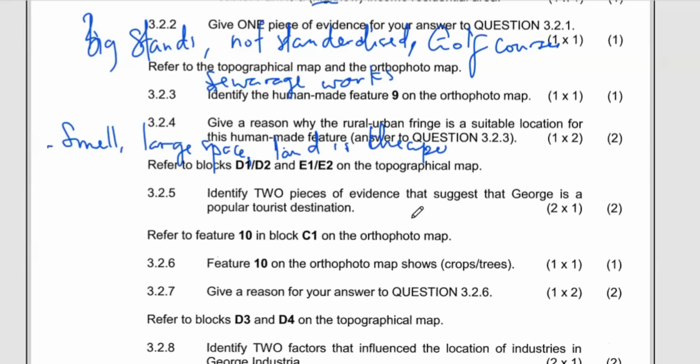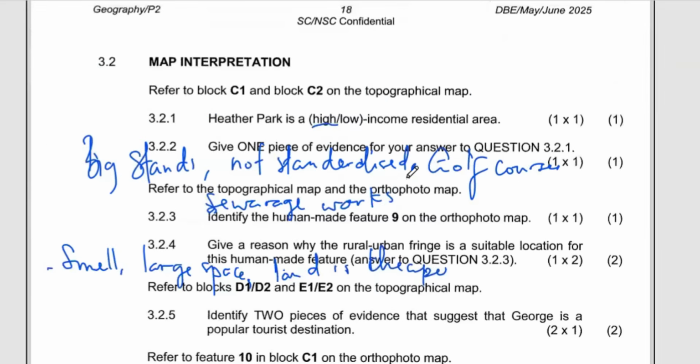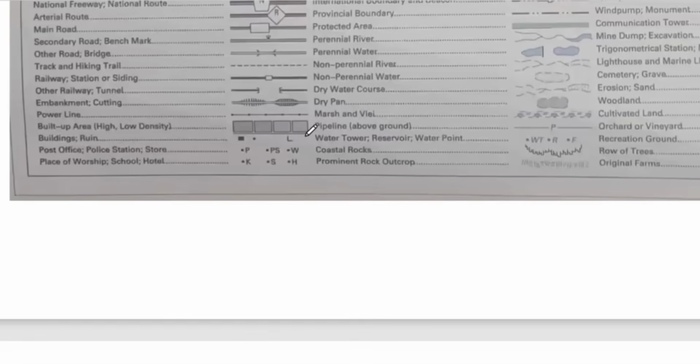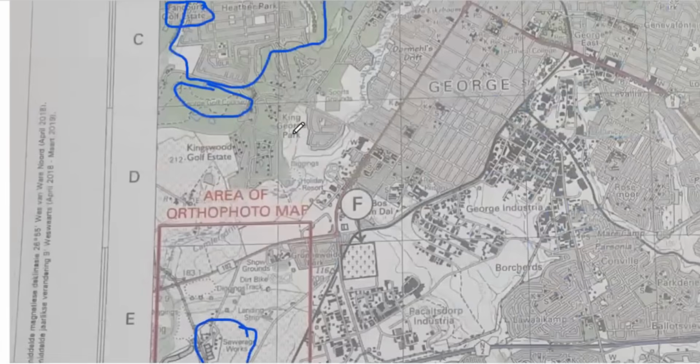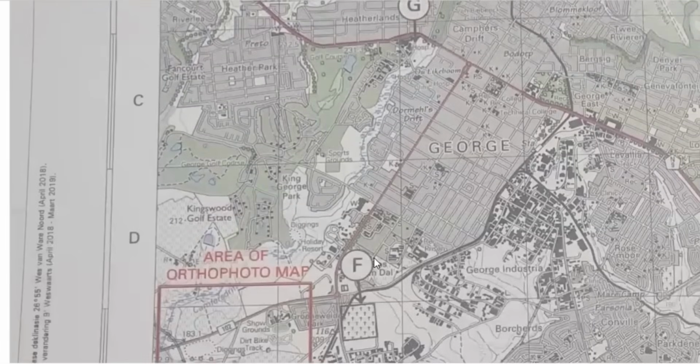Then identify 2 pieces of evidence that suggest that George is a popular tourist destination. We want to check evidence of tourism in George. Right, so we are just going to check on the map and try to figure out evidence. Right, when we're looking at tourism, we are looking at facilities that support tourist activities in the area. That is our evidence that we want to check.